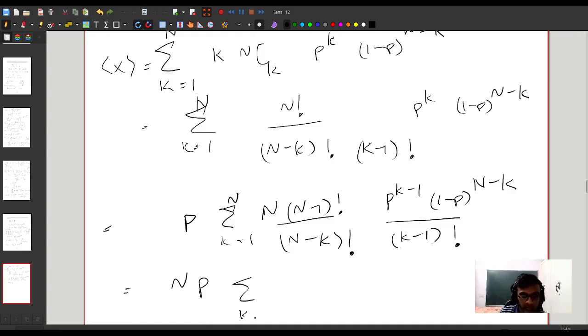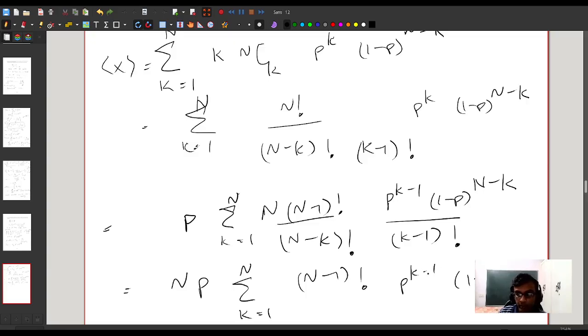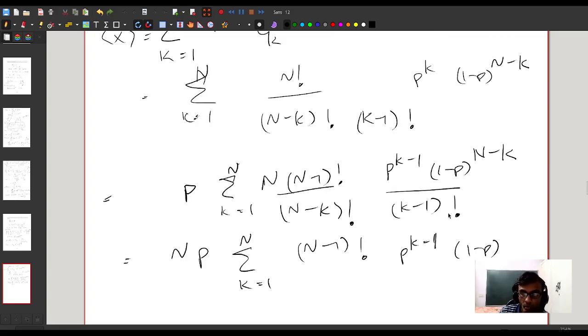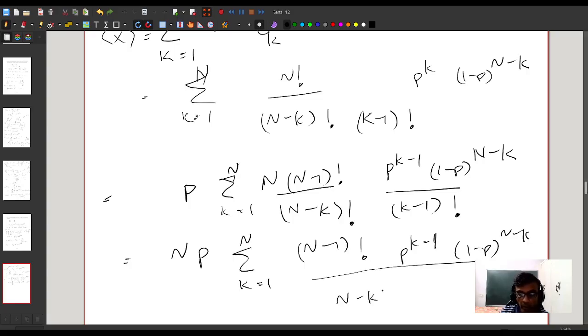So this is going to be n minus 1 factorial, p to the k minus 1, (1 minus p) whole to the n minus k, divided by n minus k factorial times k minus 1 factorial.